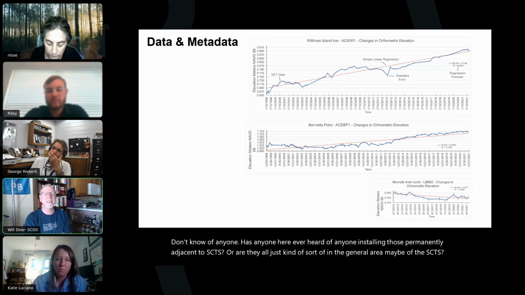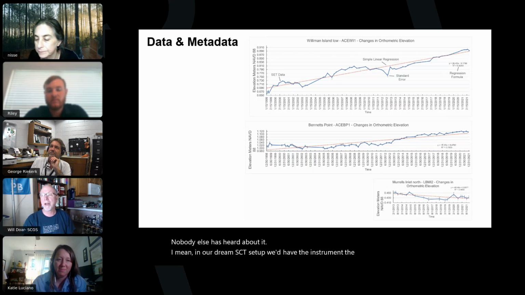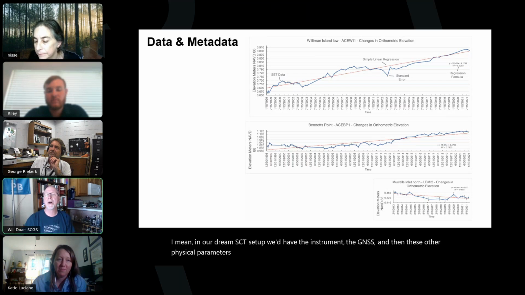All right, that sounds like nobody else has heard about it. In our dream SET setup, we'd have the instrument, the GNSS, and then these other physical parameters around it. I think we all dream of adding these things in.